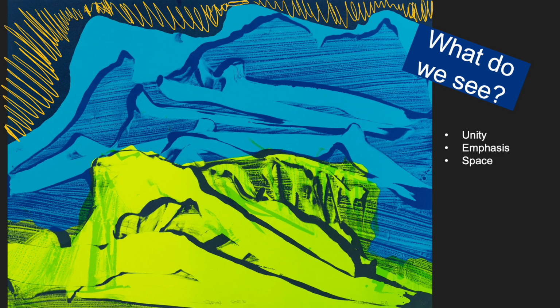The artist uses that intense fluorescent yellow-green, or highlighter yellow-green, to create a focal point. He uses that color to emphasize the lower third of the composition and progressively guides the viewer upward through the yellow-green and into the bright, intense blue.